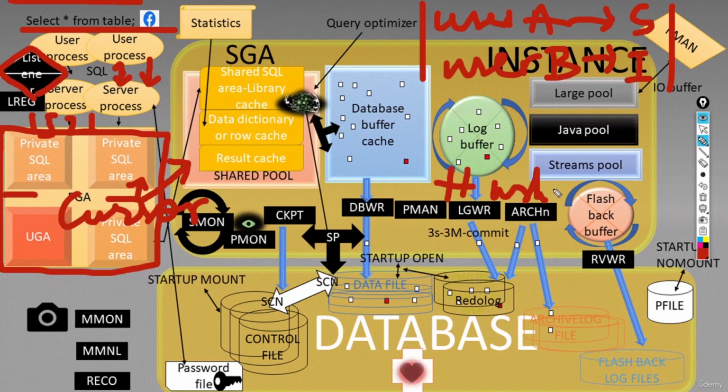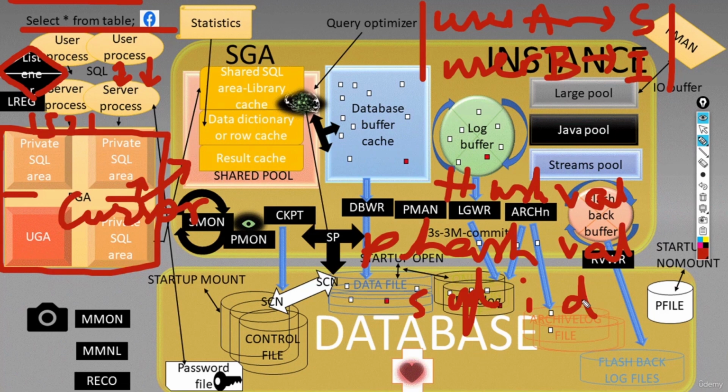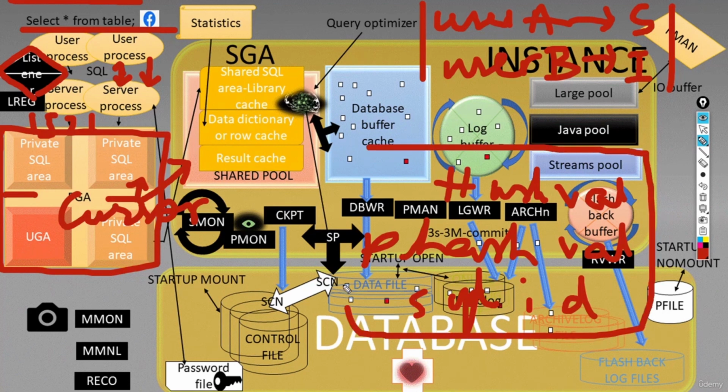Hash value, plan hash value and SQL ID. These are the basic shared SQL information which will be stored in the SGA inside the shared pool. This information is very important for every SQL ID which is executed in the Oracle database.